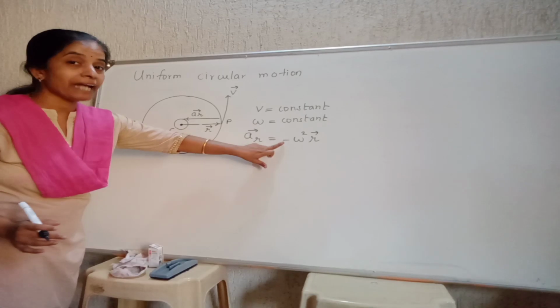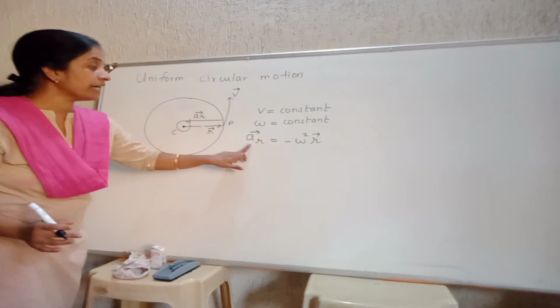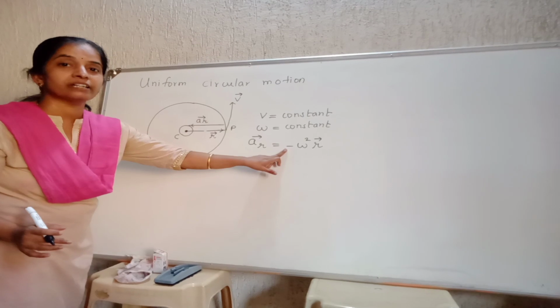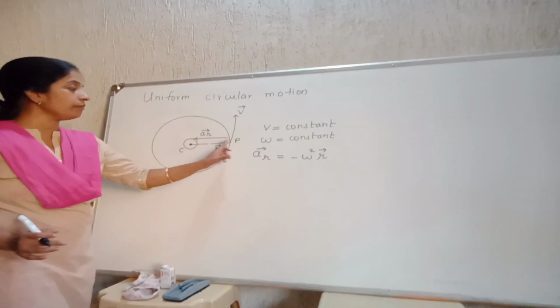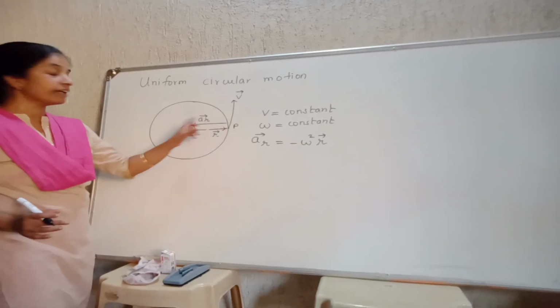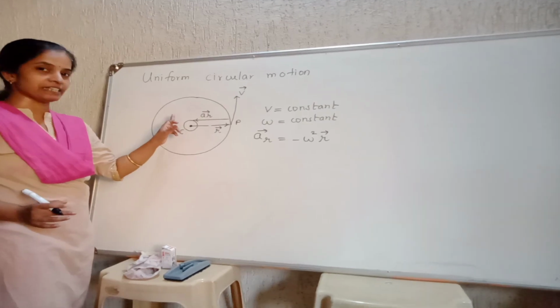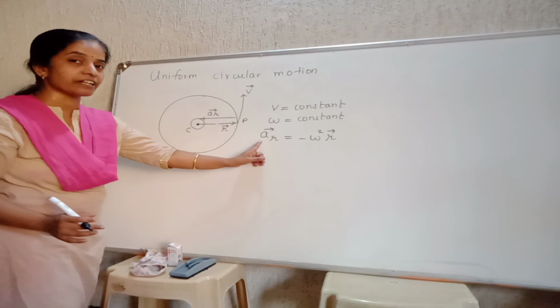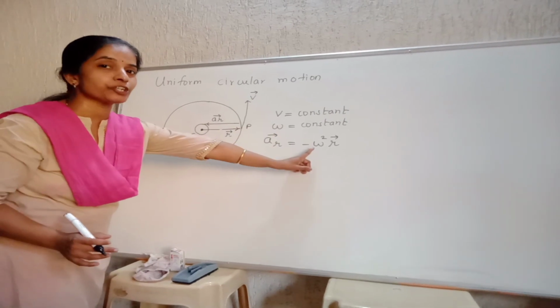The minus sign signifies that radial acceleration and radius vector are in opposite directions, meaning radius vector is away from the center, radial acceleration towards the center. Clear point?